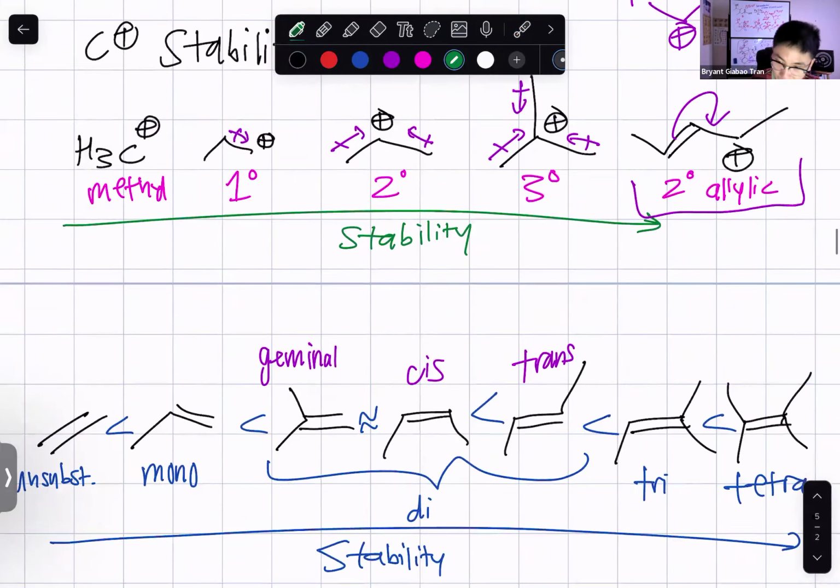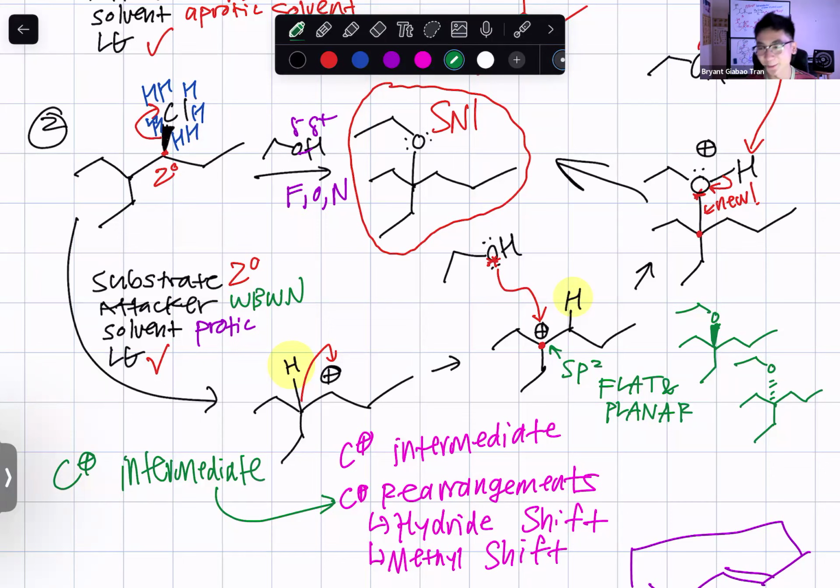Equal R and S, a 50-50 mix of enantiomers, 1-to-1. These are not racemic in this specific example because there are no chiral centers, no enantiomers here. If we don't have a chiral center, we can't have stereoisomers.